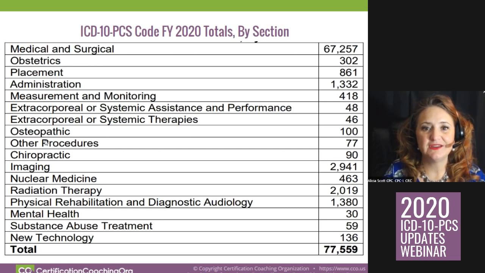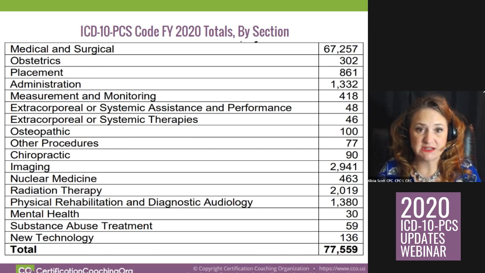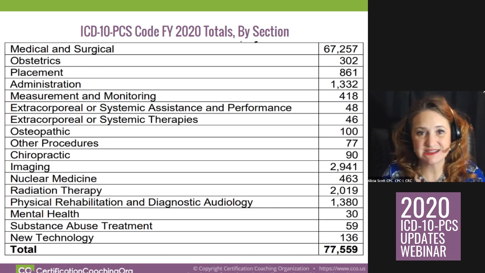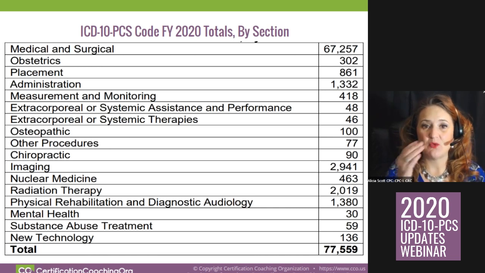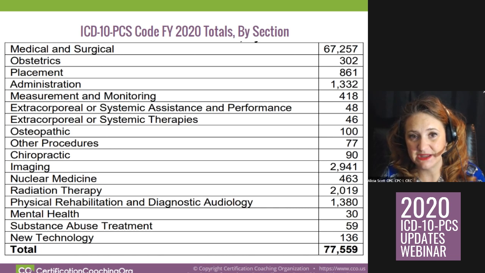So here is a breakdown by section of the codes. How many code options? I like to call them code options because, yes, they are individual code sets, but with PCS, again, it's multi-axial, so it's not like you've got one code in CM or one code in CPT.